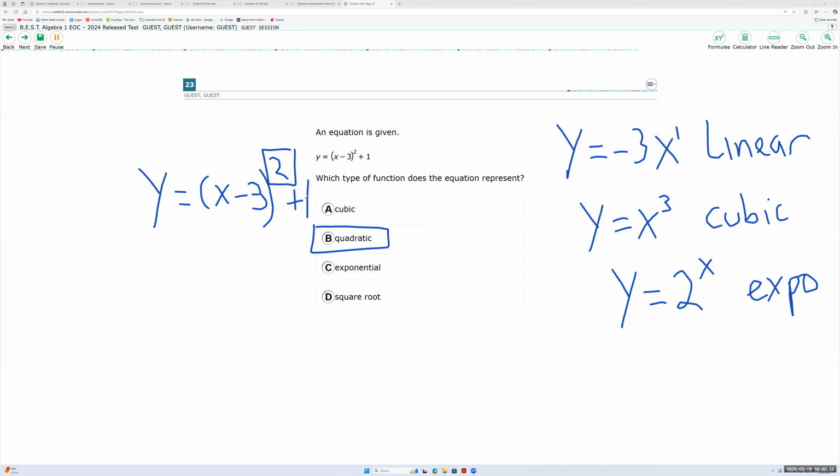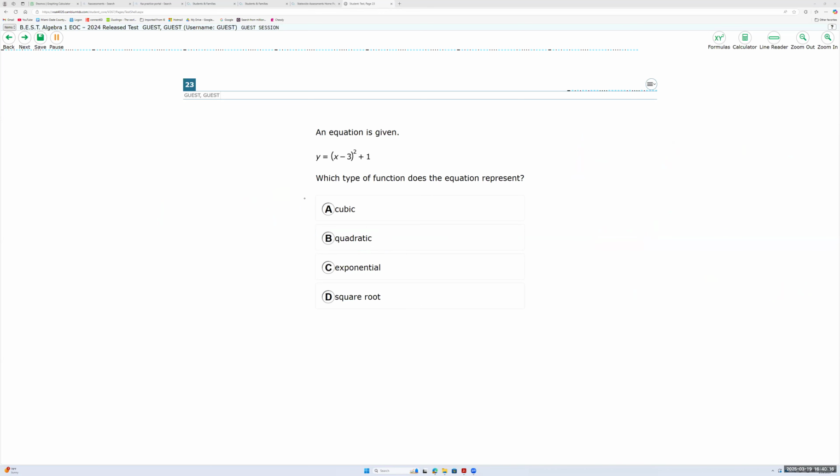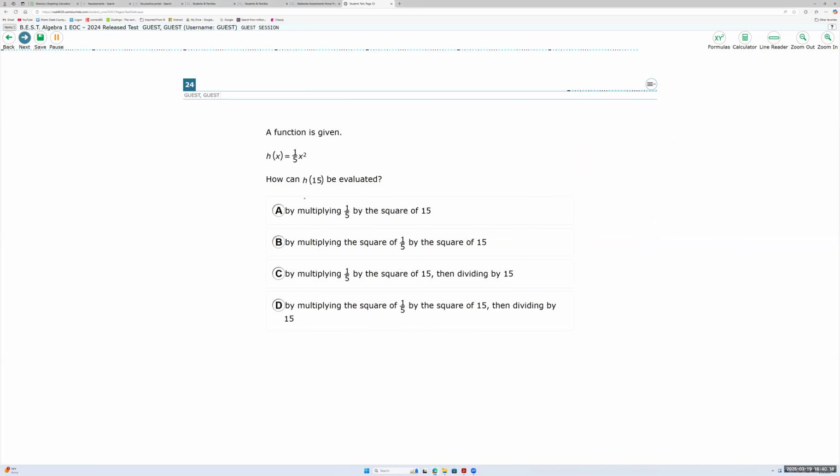Okay, you can pause your video if you like, as I'm going to continue, choose quadratic and move on. The next question says that there is a function given. We know by order of operations that we need to square. Whenever we have h of x is now 15, I need to put the 15 wherever x is on the right side.